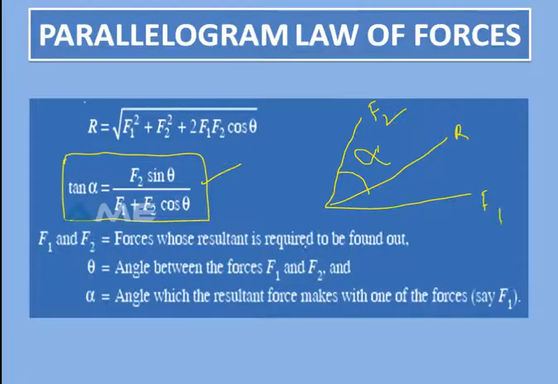Now this equation is wrong for alpha. If you write the formula like this, that is the wrong one. Why?